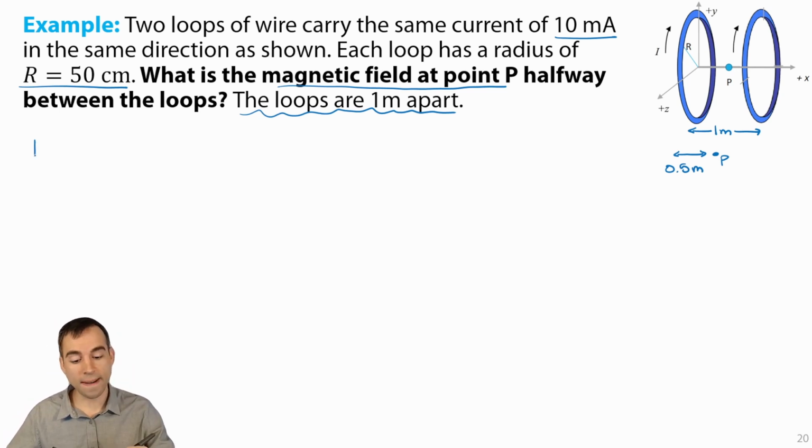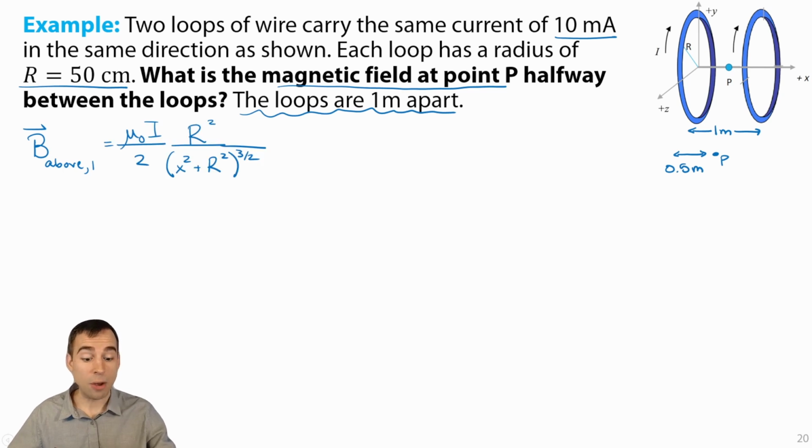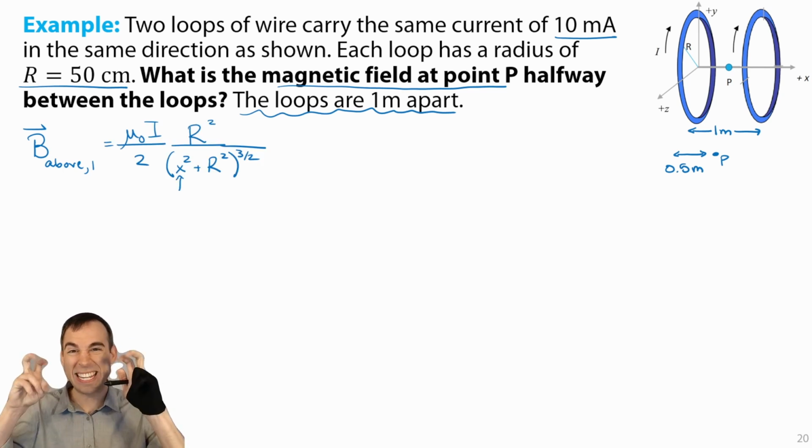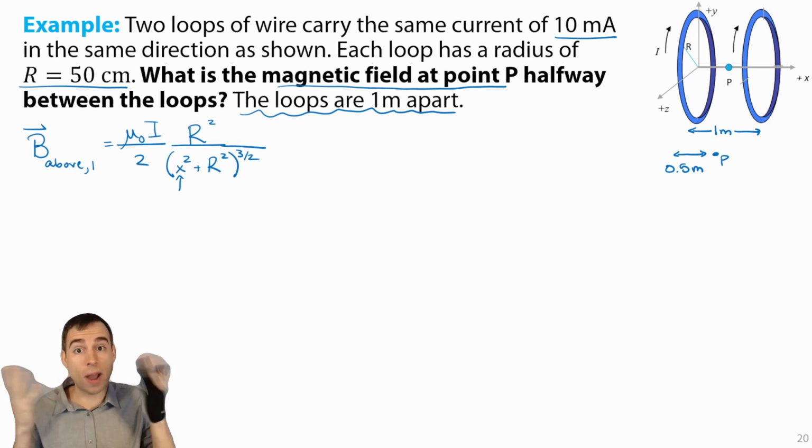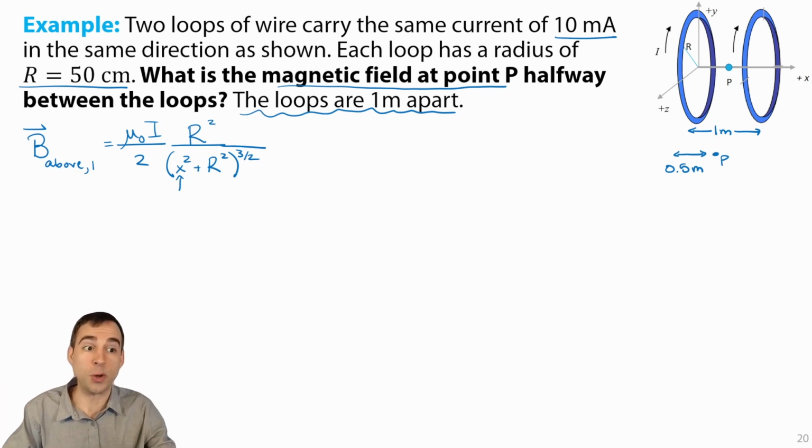So we'll go ahead and find our equation of B above some current loop. And let's just start by calculating it for the first loop. That's the one on the left. In this case, I will use an X to represent that Z variable, because really the offset distance from the center of the loop is in the rightward direction for this first loop on the left.